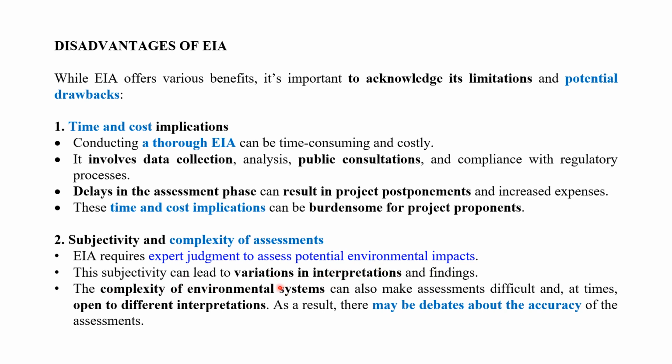The complexity of environmental systems can also make assessment difficult, at times open to different interpretations. As a result, there may be debates about the accuracy of the assessment, because many experts are going to have their own interpretations. In that case, there may be debates, right? So it may cause delay in the project development.